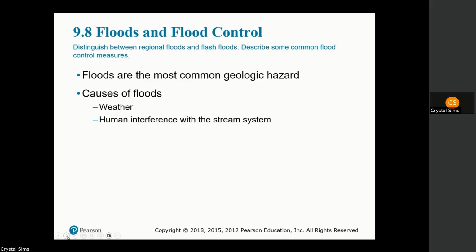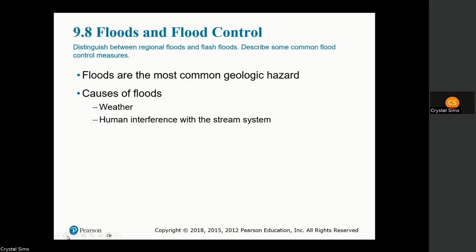Rapid melting of snow or storms that come through bring heavy rains that cause a regional flood. You saw a little bit about this in the video, that we have had multiple regional floods throughout the Mississippi River, throughout time. Down in Louisiana, in Mississippi, Arkansas, Tennessee, Missouri, all of these areas have been subject to these regional floods.